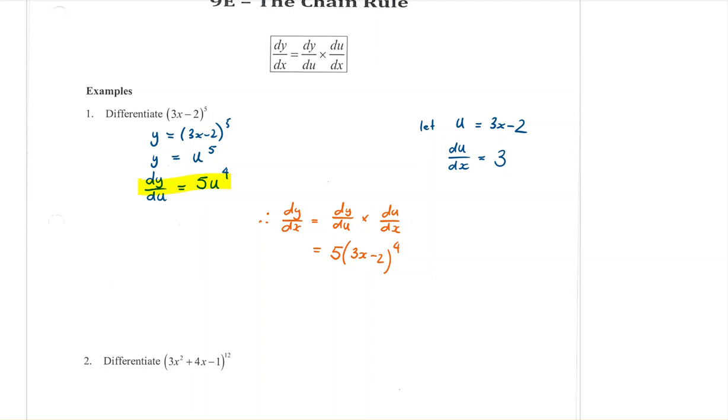Okay, just subbing the u back into that. Then I want to times that by du over dx, which we worked out over here, was equal to 3. So it's just times by 3. To tidy that up, I can multiply 5 times 3 to be 15, and then the (3x minus 2) all to the power of 4. And that's how you do the chain rule.